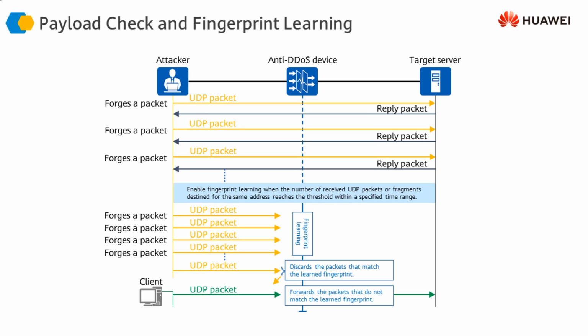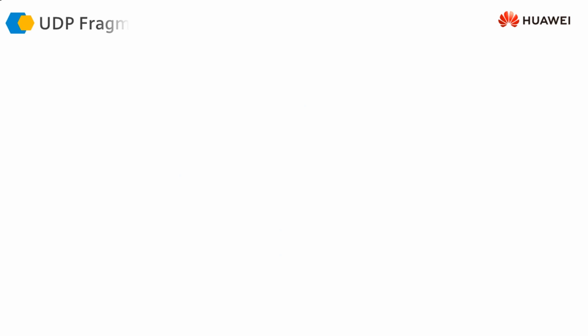If the firewall detects the attack traffic and sees that combination of characters, it is going to learn that combination, and the firewall will know that if this combination exists in the traffic, it is attack traffic. Using that fingerprint learning, it is going to detect those patterns and protect the servers against those attack packets.